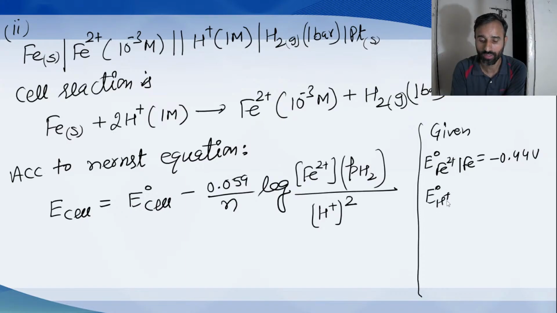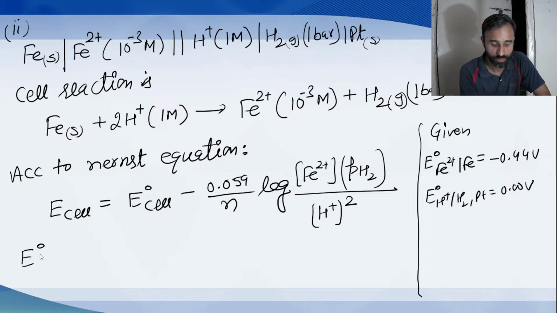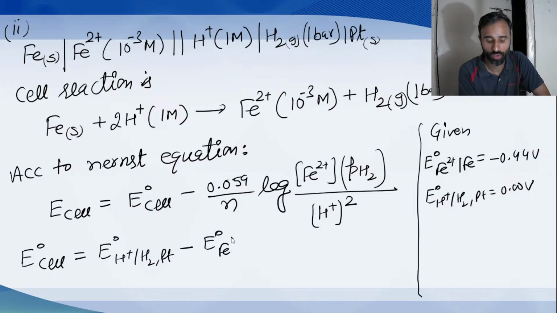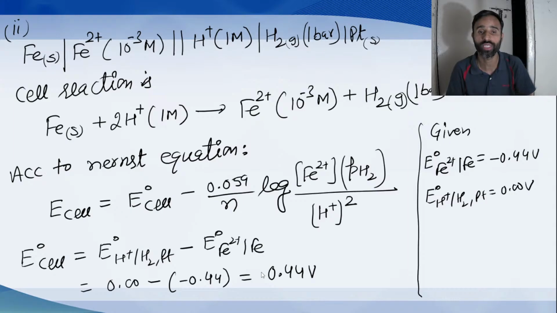And for hydrogen, the value is always 0, the standard hydrogen electrode. So E naught cell equals E naught cathode minus E naught anode. E naught cathode is 0, and for anode it is minus 0.44. Minus plus, that is 0.44 volt. This is E naught cell.